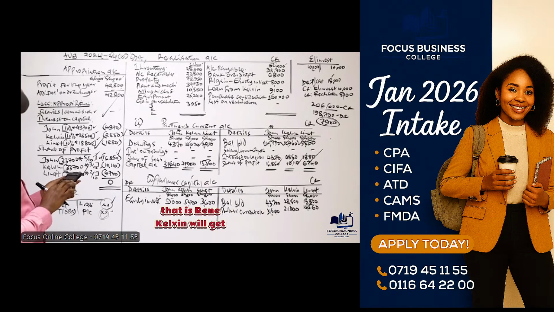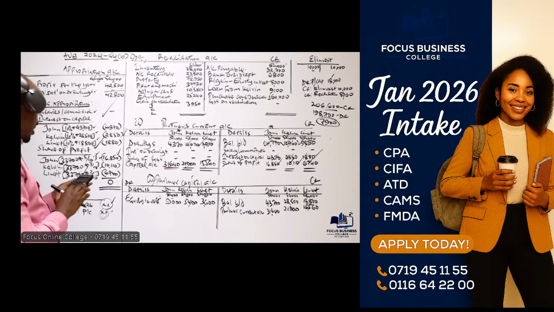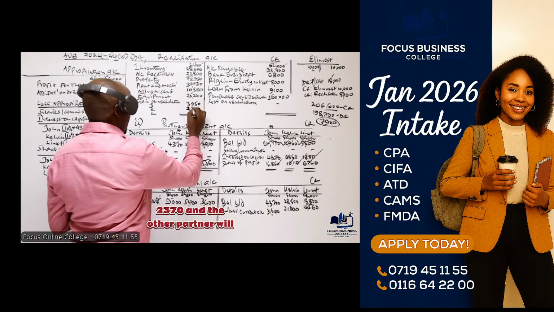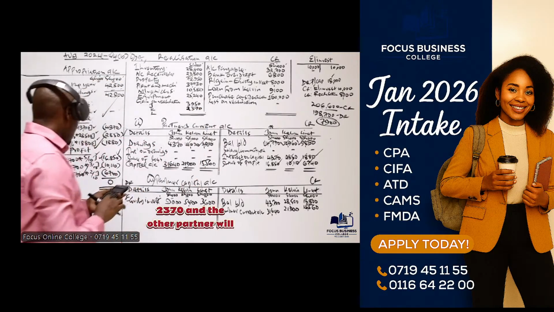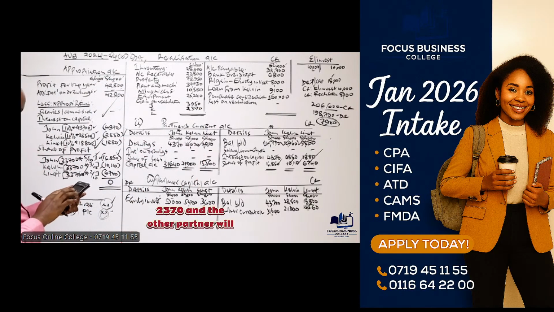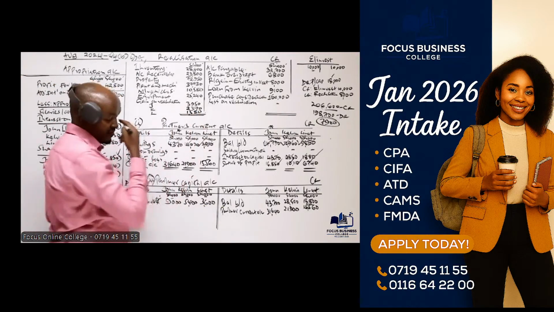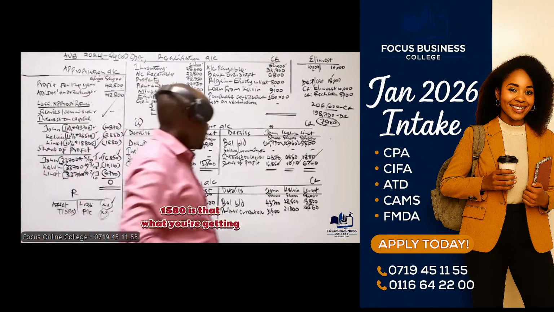Kelvin will get a share of 3/10, which is 2,370. And the other partner will get 790 times 2, which is 1,580. Is that what you're getting?